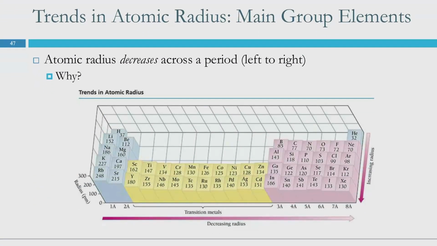However, atomic radius decreases as we move across a period. So as we're moving from left to right across the periodic table, we generally have a decreasing atomic radius. So we're adding protons, we're adding electrons, and it's getting smaller, which is probably not what you expect.